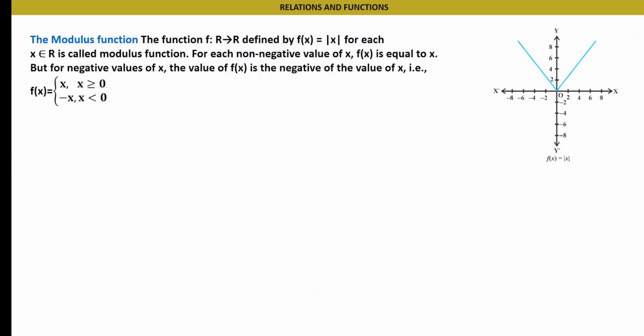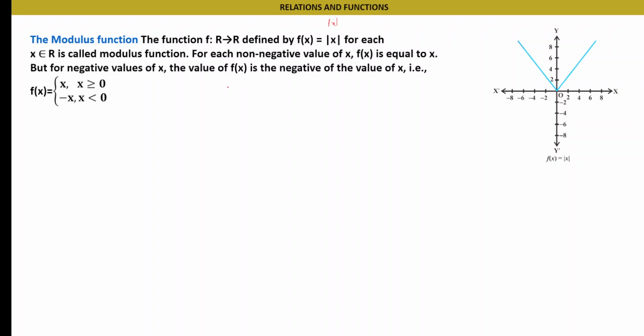The modulus function. The function f: R → R defined by f(x) = |x|. Here the two standing lines denote the modulus of x. For each x belonging to R, this is called a modulus function. For each non-negative value of x, f(x) is equal to x.